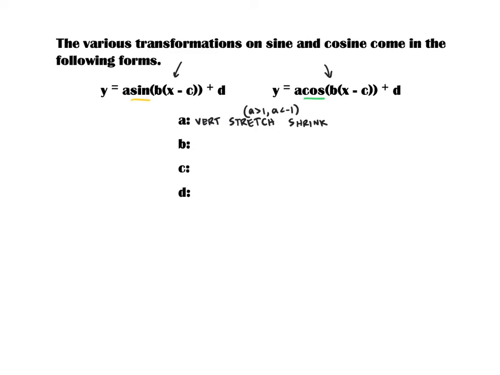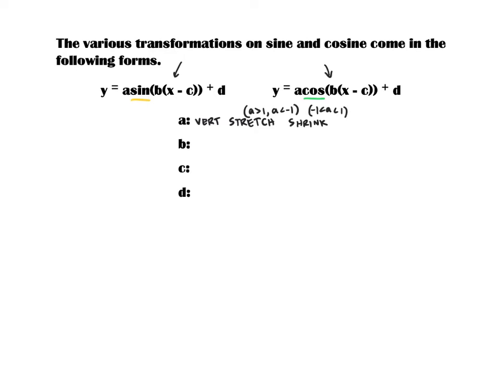Okay, and I'll talk about if A is negative, how that affects things too. So that's a stretch, if A is greater than 1 or less than negative 1. A shrink is attained if A is between -1 and 1. All right, that's when a shrink will happen.